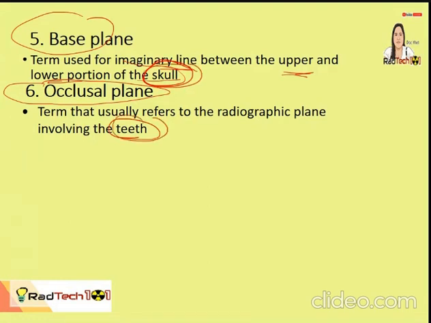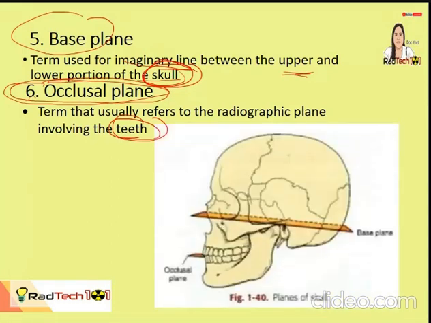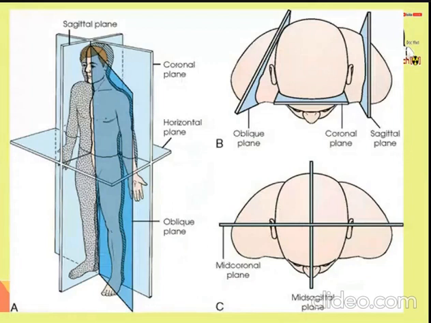So, very important siya sa mga dental x-rays. So, base plane divides the skull into upper or superior and inferior portion. Superior, inferior. Occlusal plane, dito siya sa teeth. So, again, you have coronal, front and back, sagittal, left and right, horizontal, superior, inferior. Oblique, any plane that does not belong to horizontal, coronal, and sagittal.